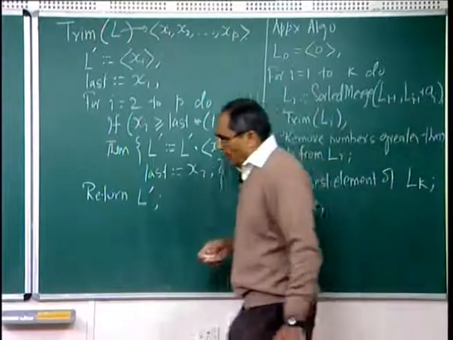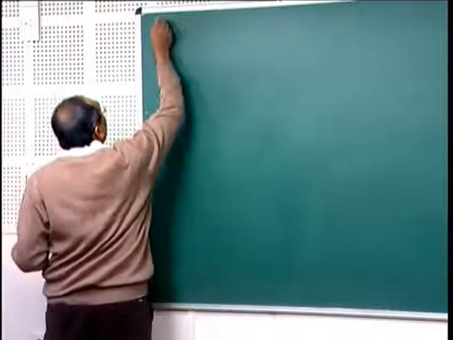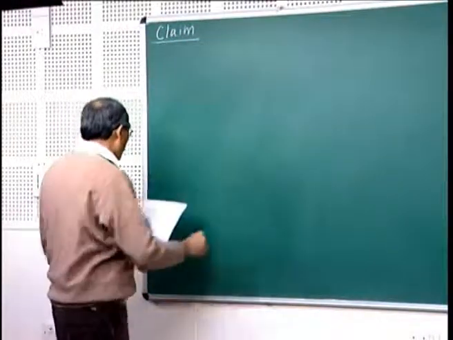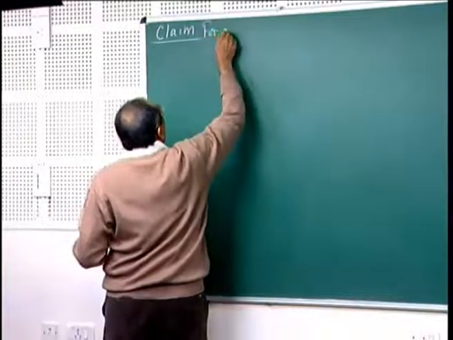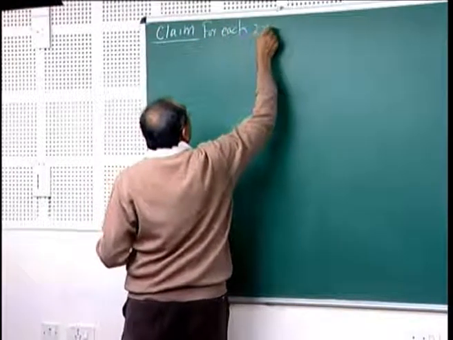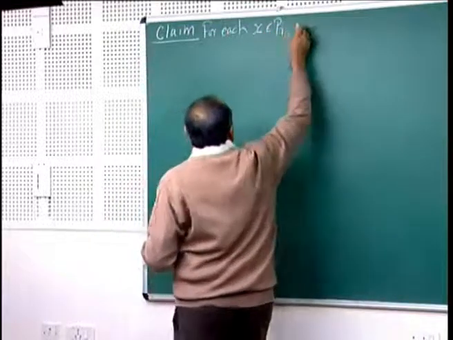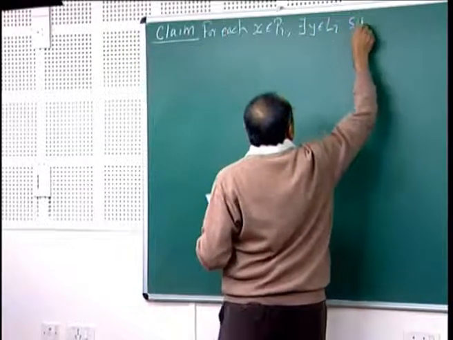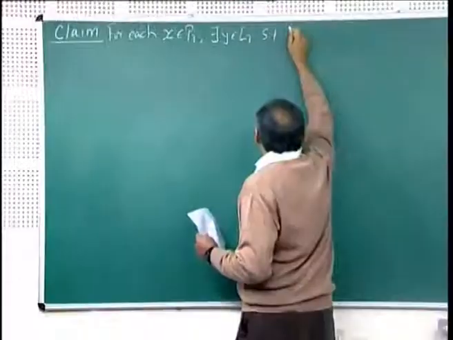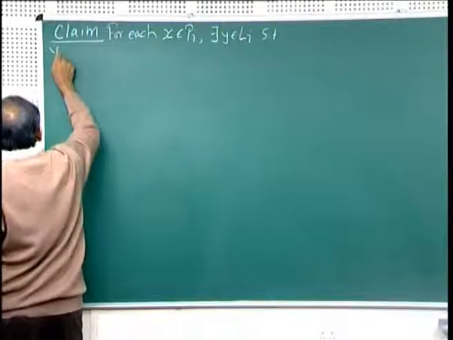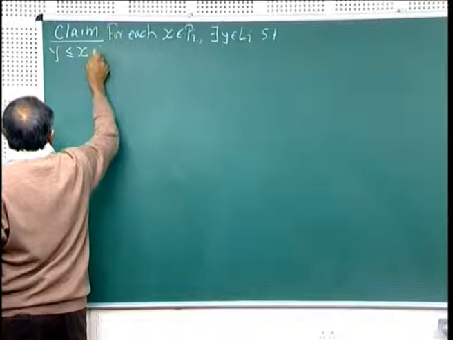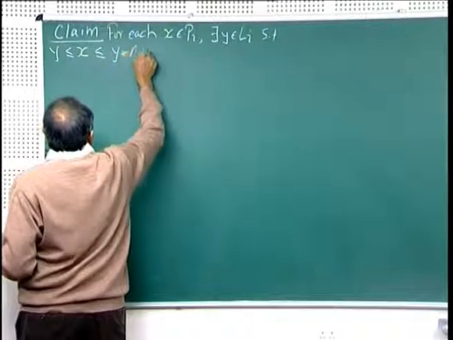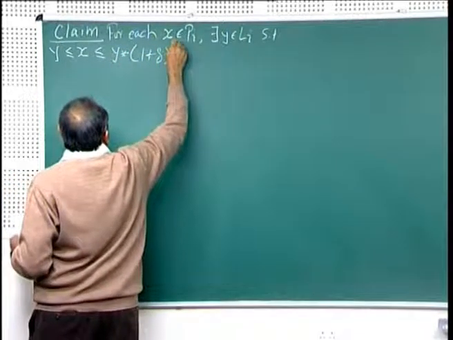Okay. So, our first claim, and the main result in the analysis, says: for each x in Pi there exists a y in Li such that y is less than or equal to x, and that is less than or equal to y times (1 plus delta) power i.